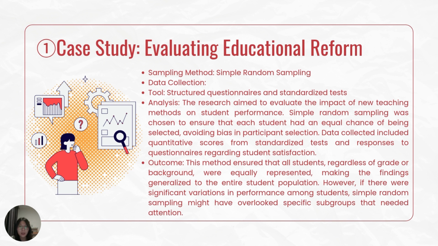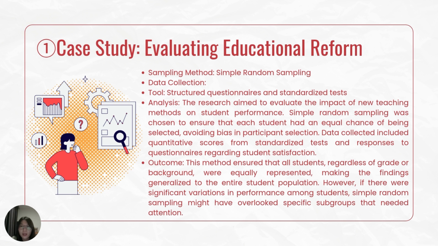Simple random sampling was chosen to ensure that each student had an equal chance of being selected, avoiding bias in participant selection. Data collected included quantitative scores from standardized tests and responses to questionnaires regarding students' satisfaction.